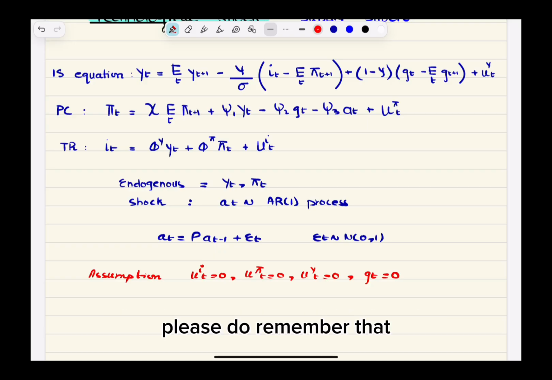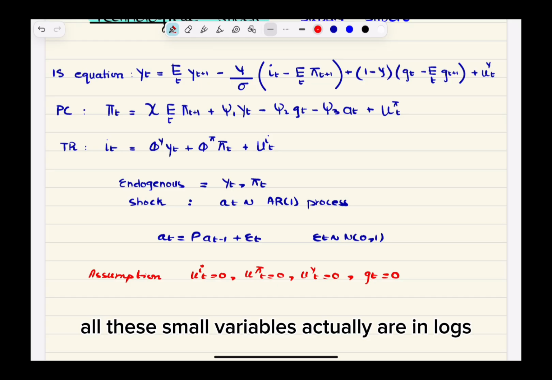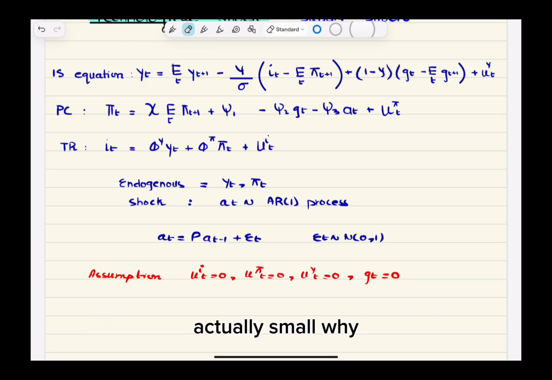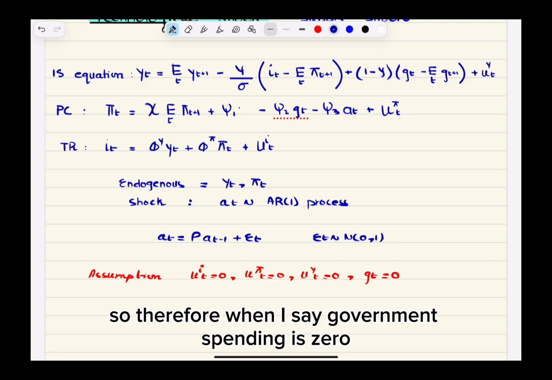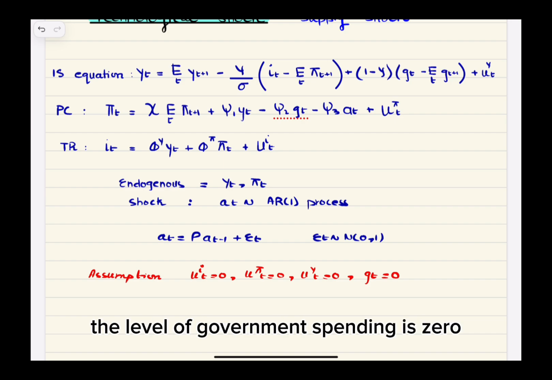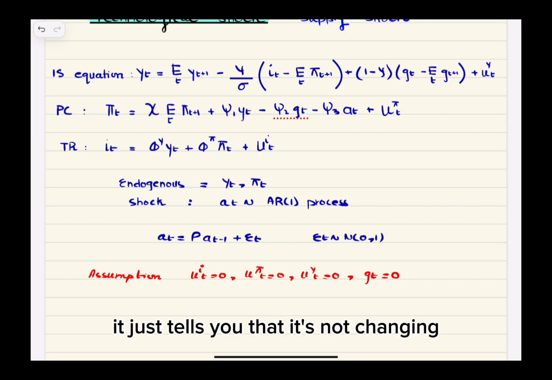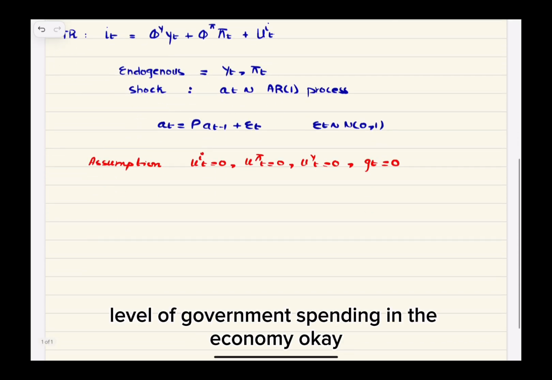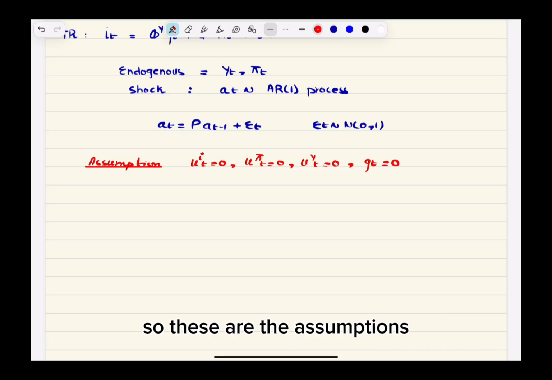Please do remember that all these small variables actually are in logs. This is actually a small y. So therefore, when I say government spending is 0, it doesn't mean that the level of government spending is 0. It just tells you that it's not changing. So there's no growth in it, but there is some level of government spending in the economy. Okay, so these are the assumptions.